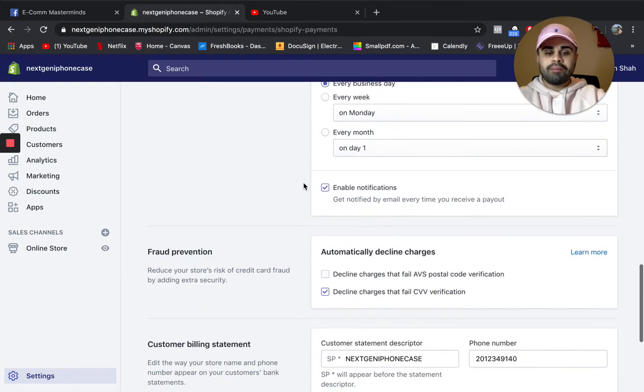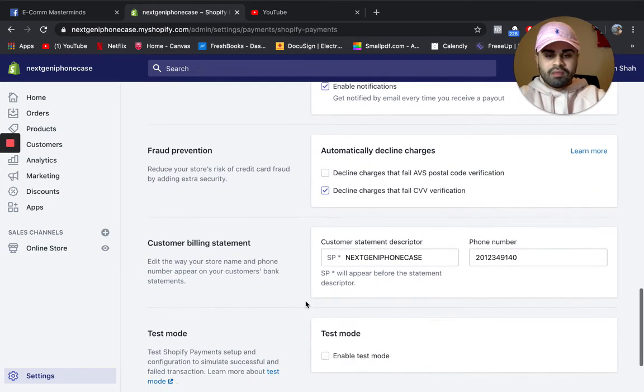Especially if you're constantly running ads and fulfilling orders, you have to manage that and keep that in mind. That's why cash flow is very important. You need some sort of cash flow or backup capital, because sometimes your Facebook payments will come up and you may not have enough funds in your bank account. So keep that in mind, guys.